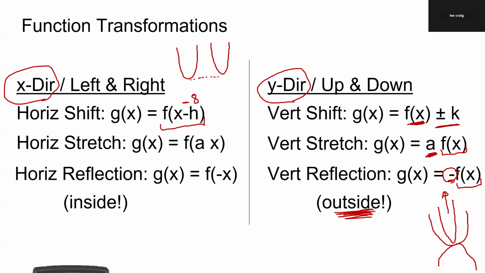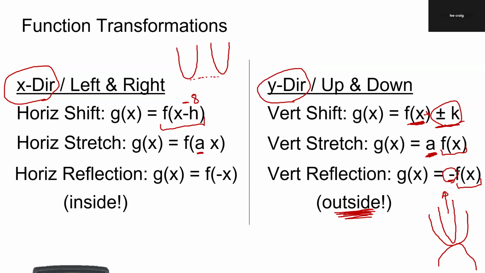Now I can certainly do both, right? If I had a -h here, then it would shift it left and this guy would shift it up or down. So that's okay. Things can happen in both directions at the same time. I can apply a horizontal stretch by multiplying by a number before I evaluate that function, and I can do a horizontal reflection across the x-axis.